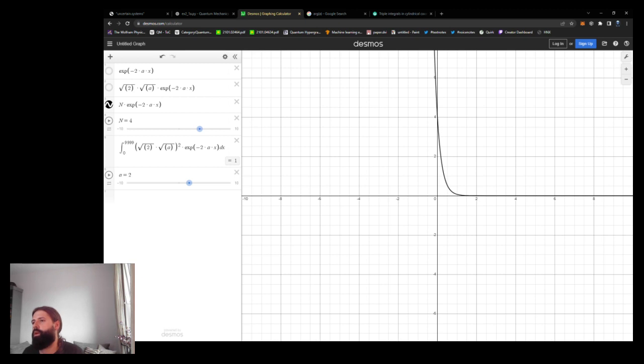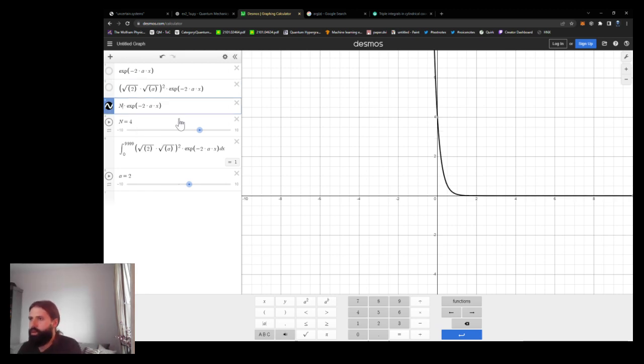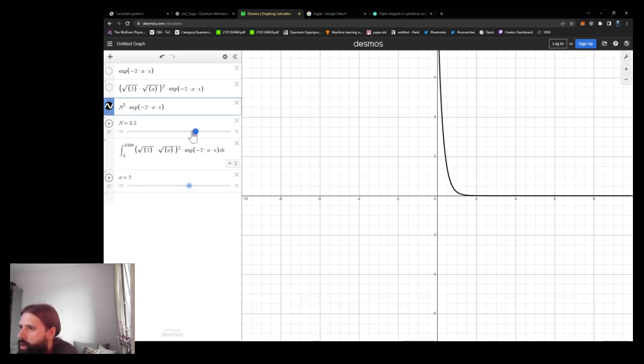Because remember, it's n squared. The function we're integrating is n squared.